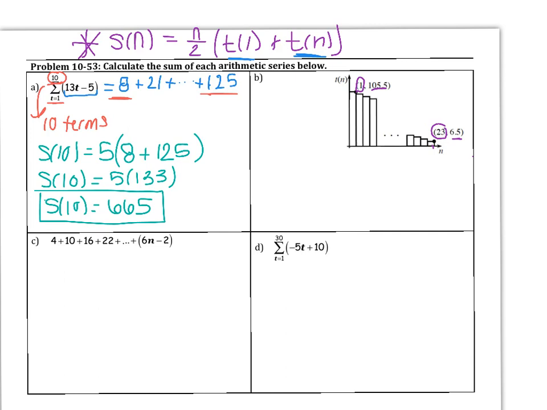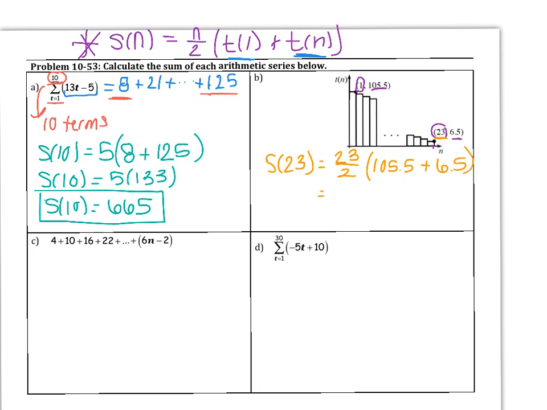So we know that the sum of the first 23 terms is the total number divided by 2. So 23 halves times the first term, which is 105.5, plus the last term, which is 6.5.